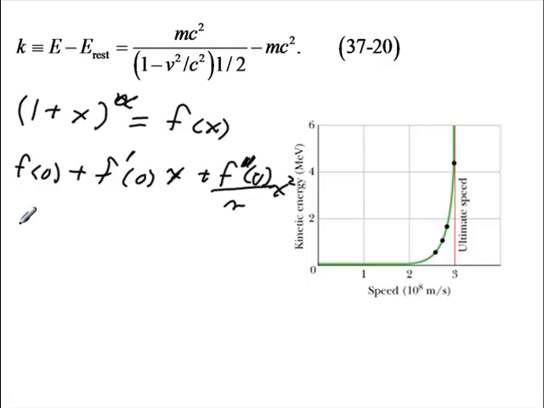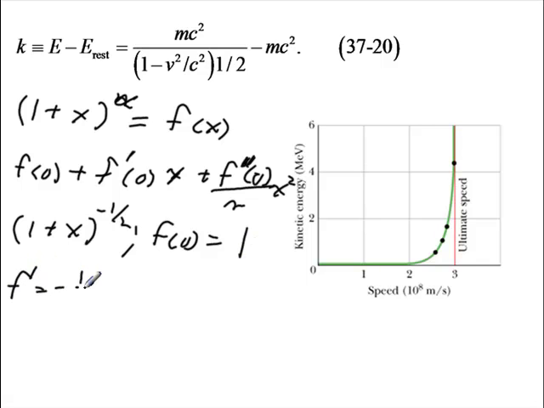So if this is 1 plus x to the negative 1/2, then f of 0 is equal to 1. F primed is negative 1/2 times 1 plus x to the negative 3/2. So f primed of 0 is negative 1/2.